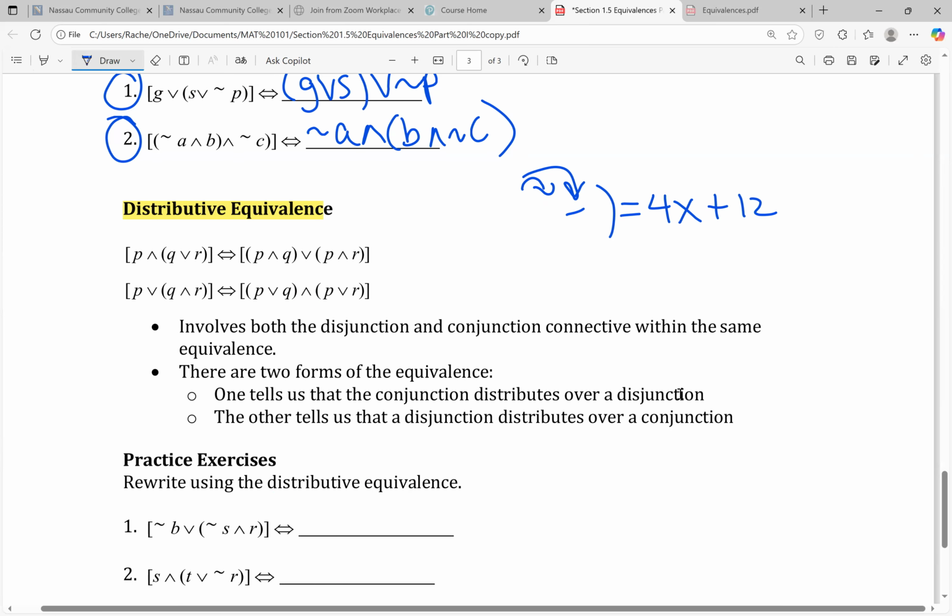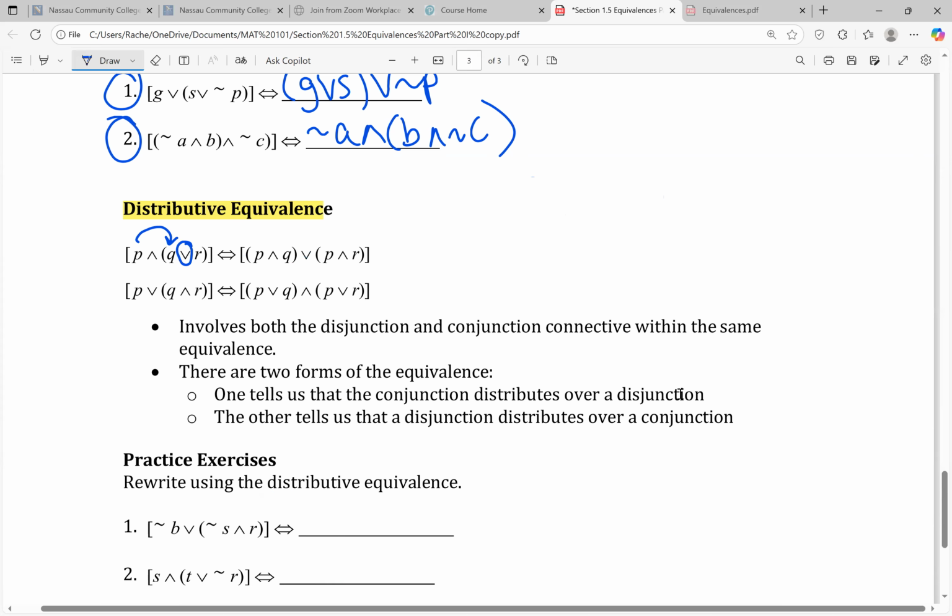So this is going to be similar in the sense that if we look at the distributive equivalence with the and, you see how we have P and Q or R. So if we're joining a statement with an or statement, think, okay, I'm going to distribute the P to the Q. So we're going to have P and Q. And then we're going to join it with an R. So it's like we're distributing the P and over to the Q and to the R. And we're joining it with the union or the disjunction.